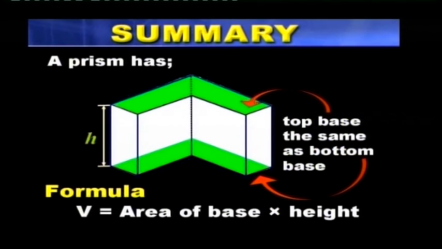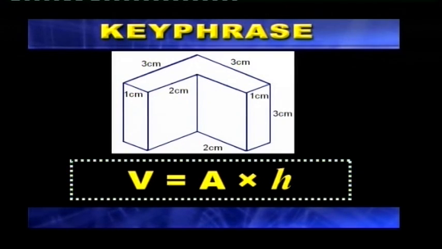To find the volume of any prism, we use the formula volume is equals to area of the base times height. Our key phrase for today: any prism, you can use that formula. Volume is equals to area of the base times height.